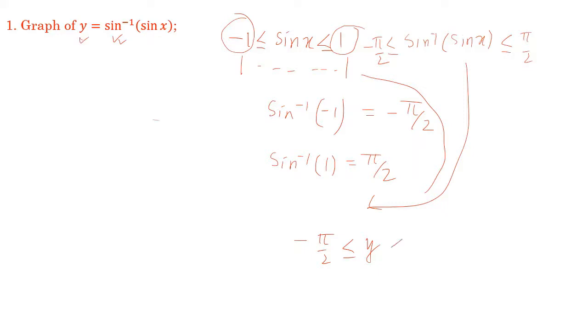So this is the range of the function. Therefore the domain of this function is simply the set of real numbers R, and the range is nothing but the closed interval -π/2 up to π/2.